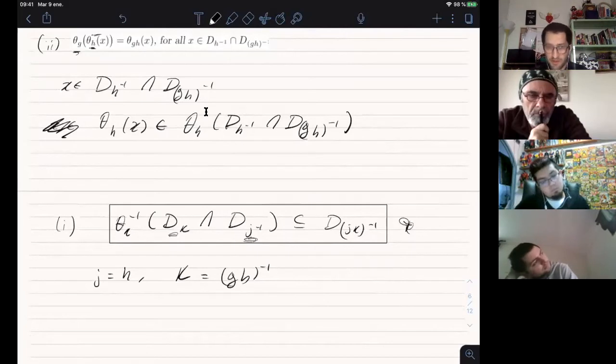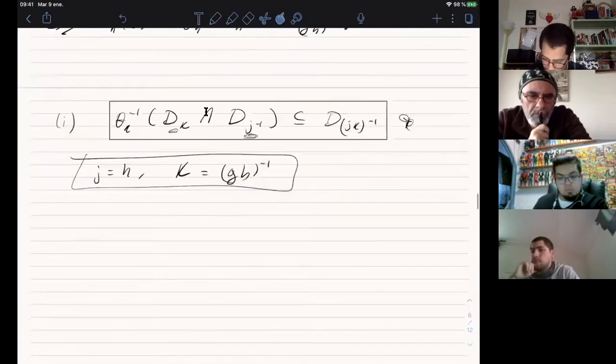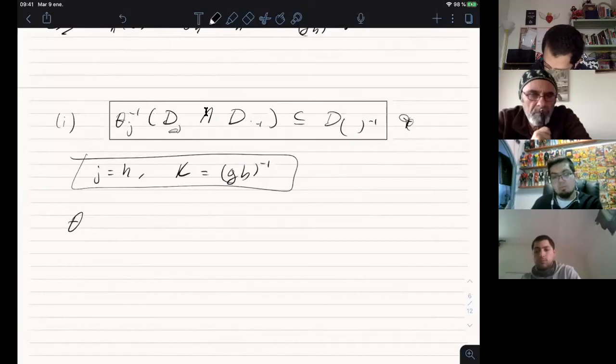Yes, that one. And when we do this change of variables, we have that theta. We take j here, j minus 1, k. Here is JK.